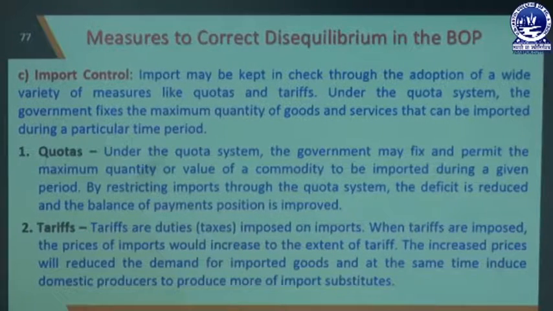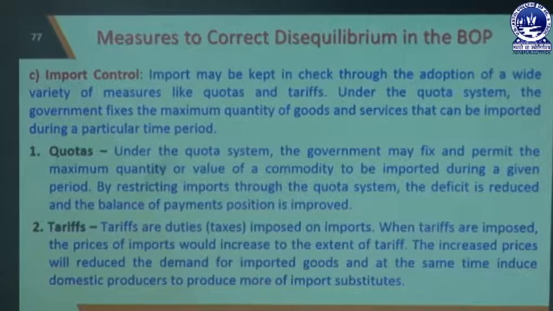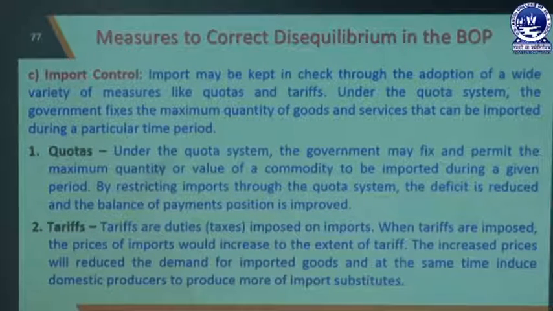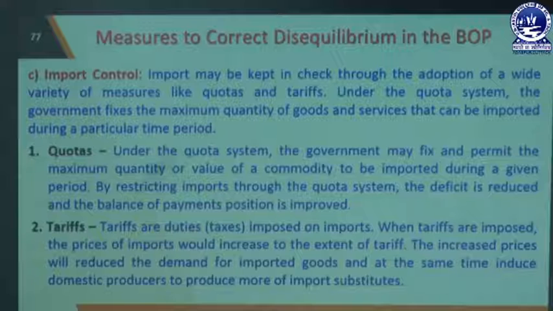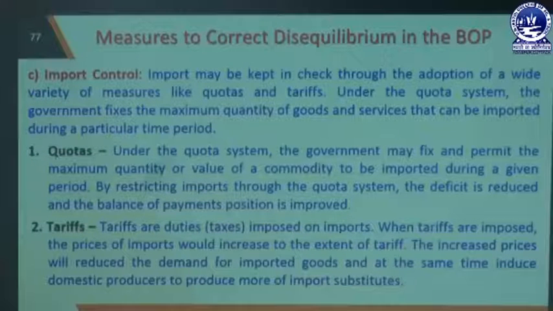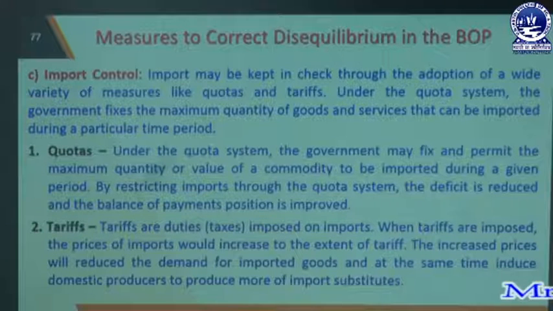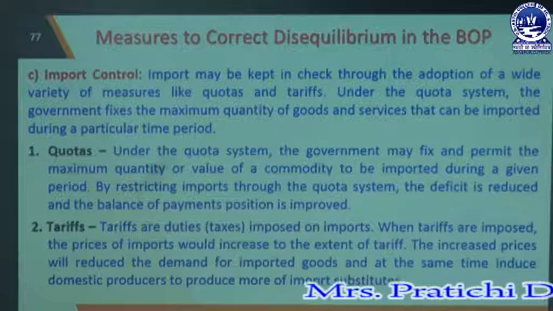Quotas are where the government fixes and permits the maximum quantity or value of a commodity to be imported during a given period. By restricting imports through the quota system, the deficit is reduced and the balance of payment position is improved.